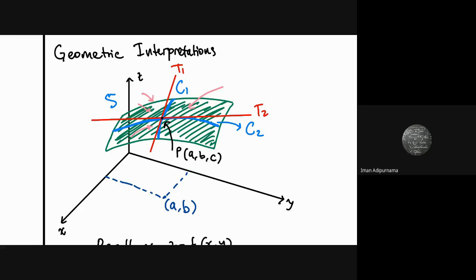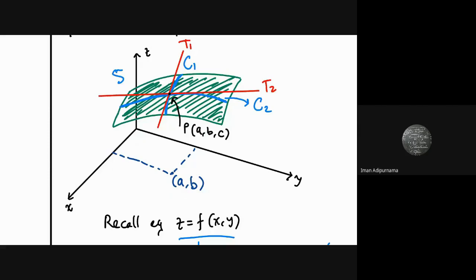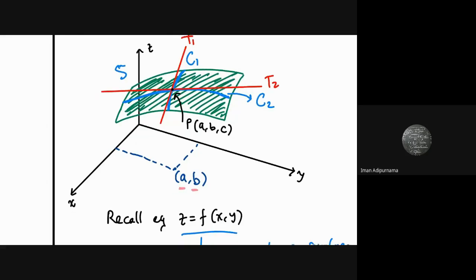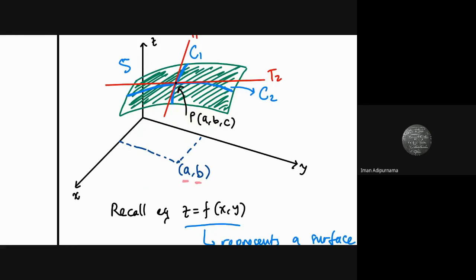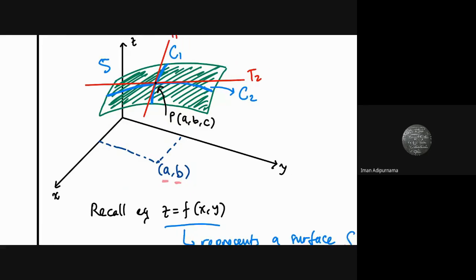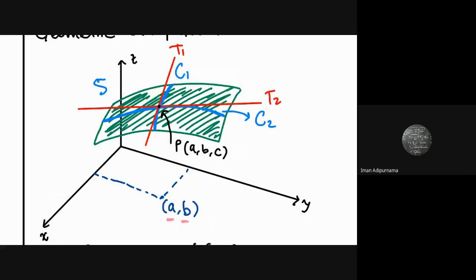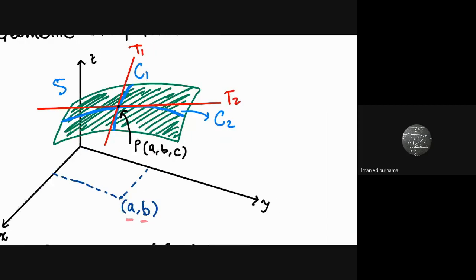The easy way to approach is if we set x and y equal to the coordinates of this point, and by doing that we can observe only this C1 and also only C2.